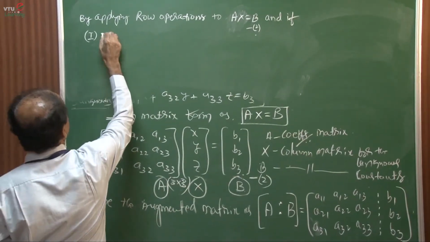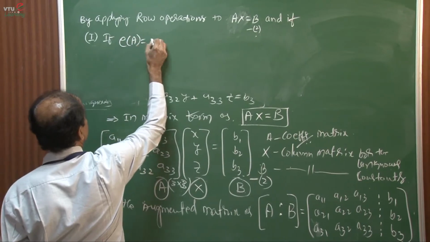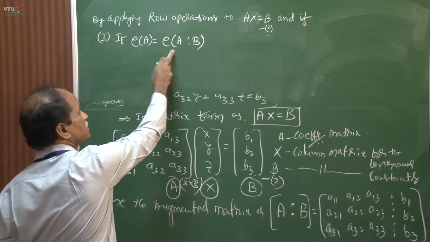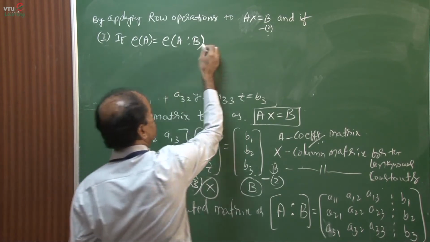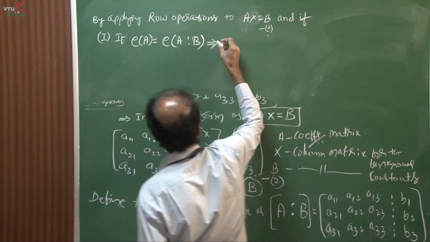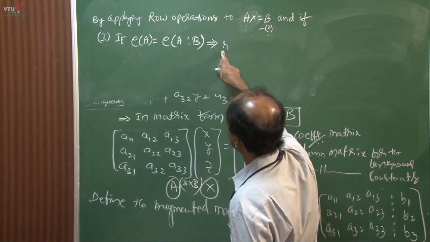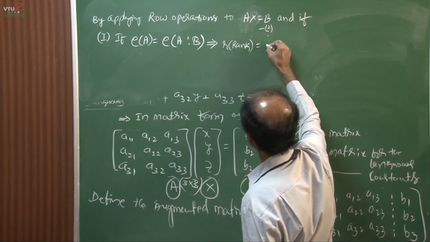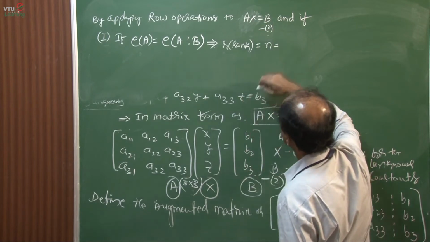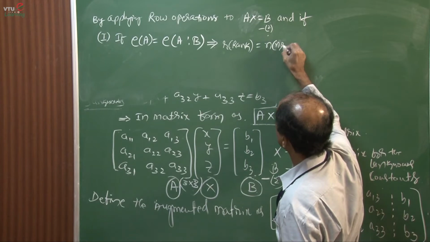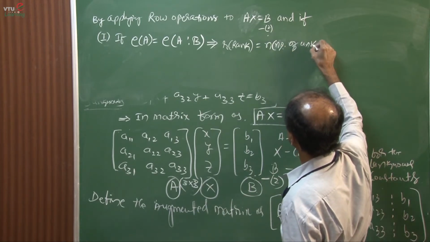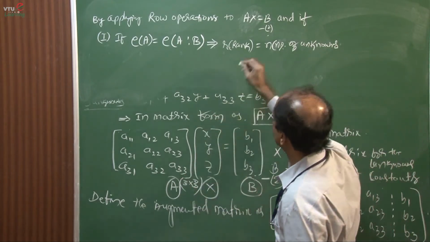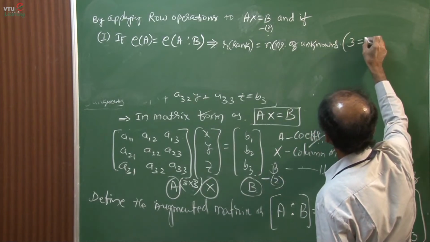Then first case: if rho of A is equal to rho of AB, this is, the coefficient matrix rank is the same as the rank of the augmented matrix, then R is the rank, R is equal to N, where N is the number of unknowns. In this case rank should be 3, that is 3 equal to 3.